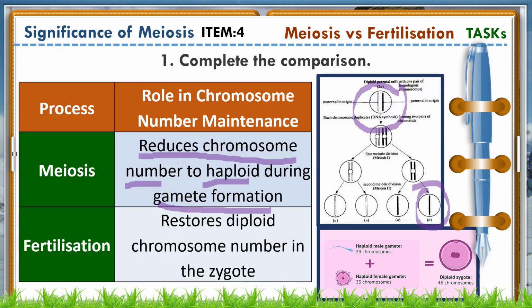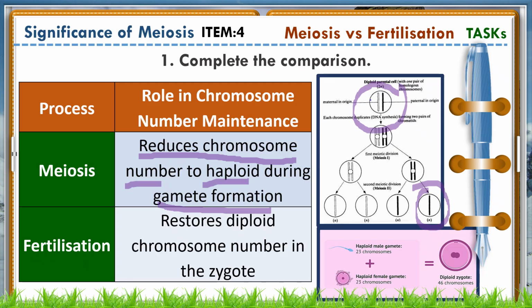Here we were represented by 2 chromosomes, and here we are having 1 chromosome. So when you see here 2 chromosomes, at the end we have 1 chromosome, that is meiosis. So that's what we are saying, that meiosis reduces the number of chromosomes to haploid, to a half, during gamete formation.